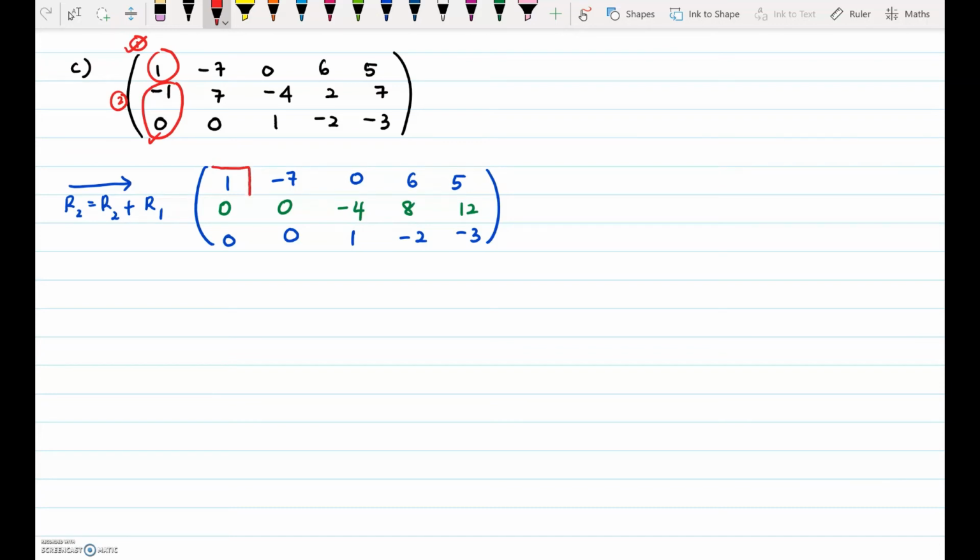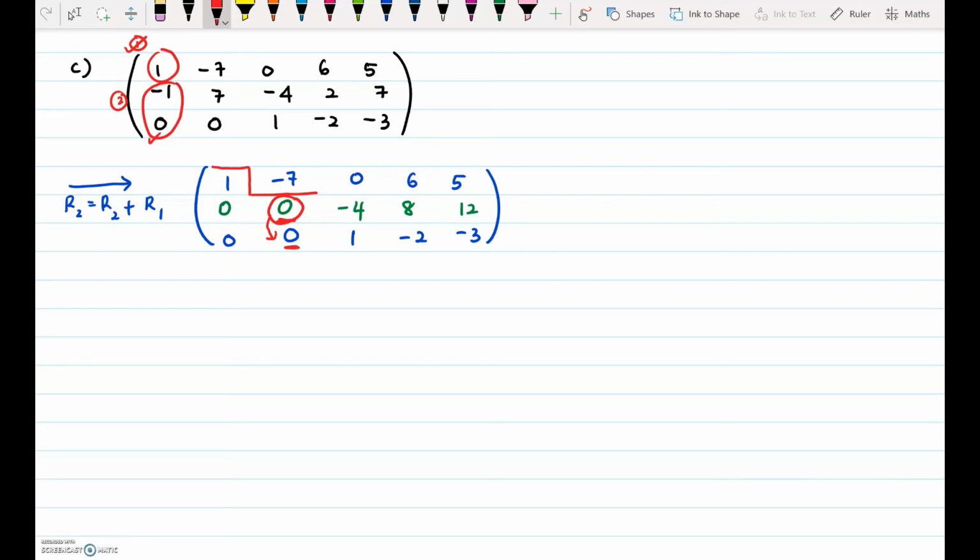So the next leading one must be in the second row. If you can see here, for the second row you have 0, and also the entry below the 0 is also 0. It means there is no possible step that you can use to make this entry a leading one.